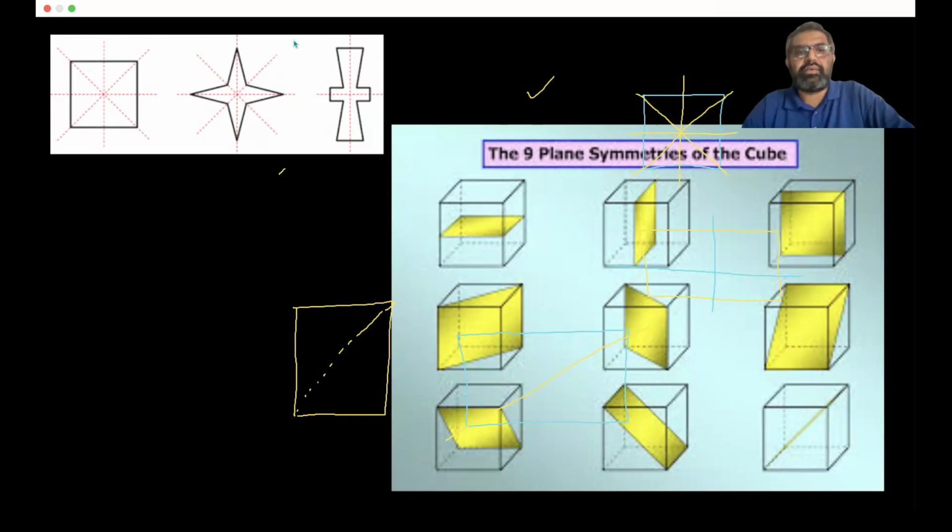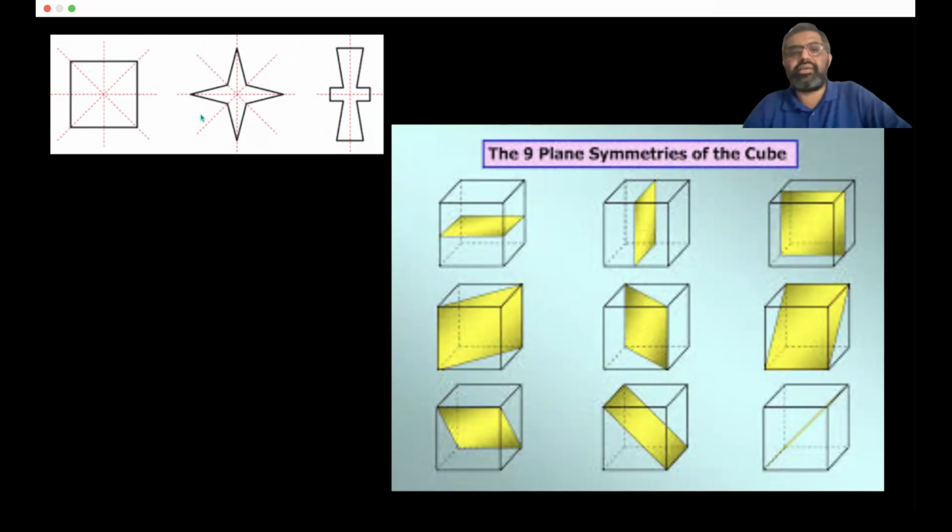For a cube, we can dissect it into half from a horizontal perspective, a vertical perspective, or from the third dimension. So we have three planes of symmetry like this, cutting it into two parts: front and back, right and left, or up and down.